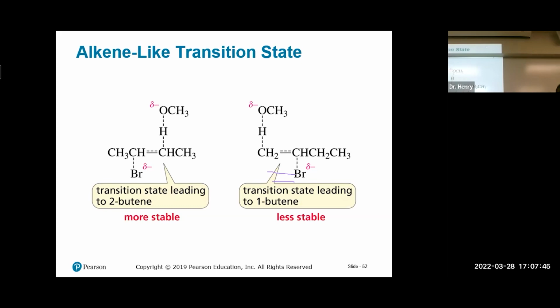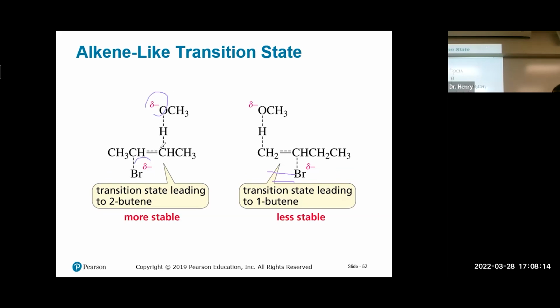Okay. So if we have the alkene-like transition states, if we take a look at this one, we get a partial positive here. This is where the hydrogen is going to be interacting. So that hydrogen is also going to try to form its bond with here, and then we get secondary structure here. So this will be partial negative.